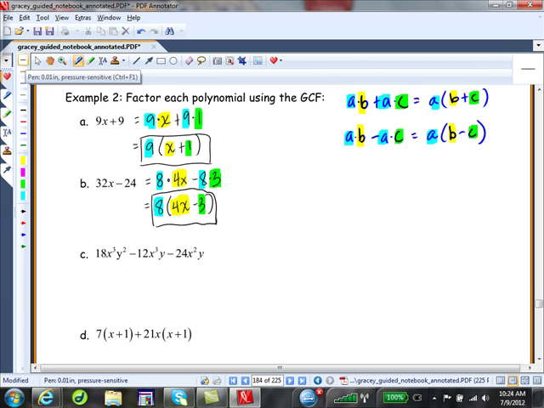All right, so let's take a look at the constants first. What number is the largest number that will divide 18, 12, and 24? Good, 6. And let's look at the variables. So we have an x cubed and an x squared. What is the smallest degree represented?